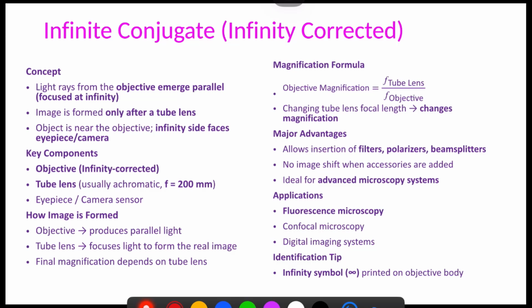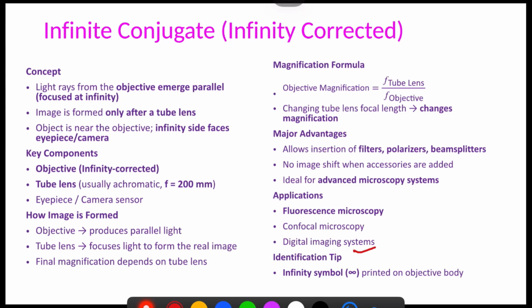The magnification formula is objective magnification equals tube lens focal length divided by objective focal length. A major advantage of infinity corrected is that insertion of filters, polarizers and beam splitters is possible, with no image shift when accessories are added, and it suits advanced microscopy systems. This is ideal, and we can use it for fluorescence microscopy, confocal microscopy as well as digital imaging systems.